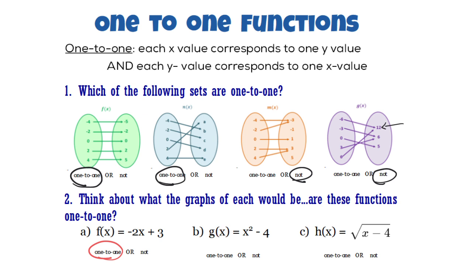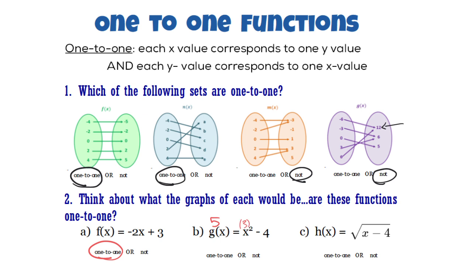But if you think about it the other way, let's let this be 5. If I put a 5 here, the question is, is there more than one way to end up getting a 5 there? Well, I could put a 3 right here.